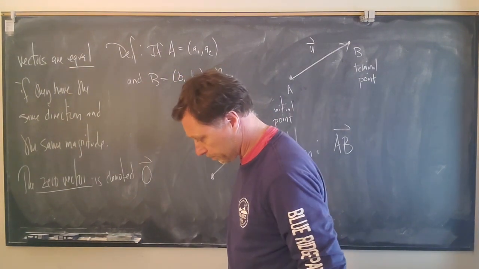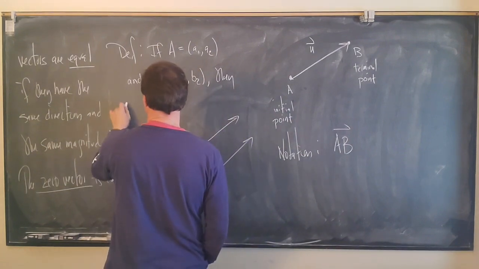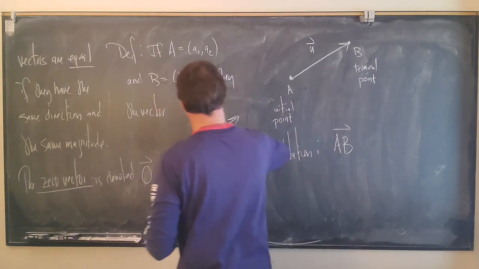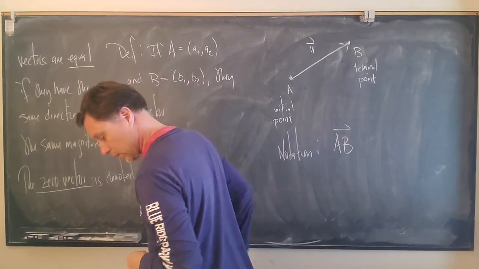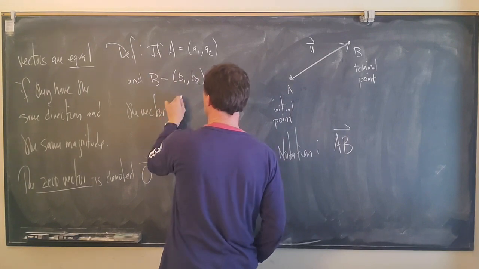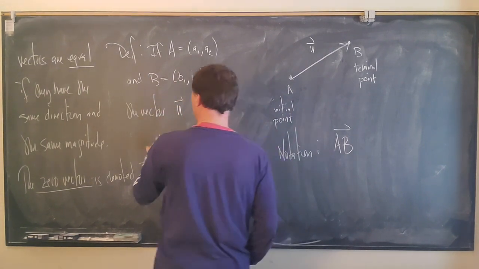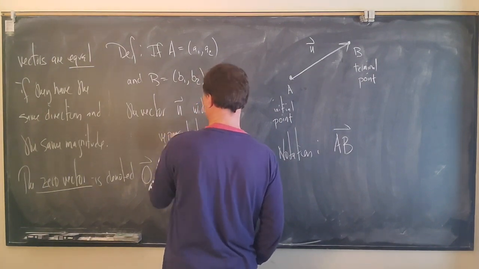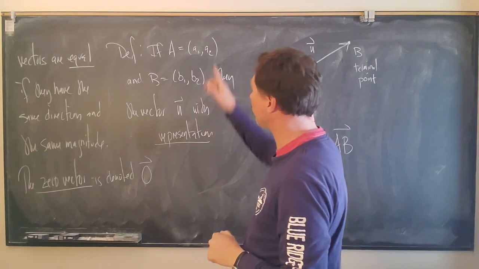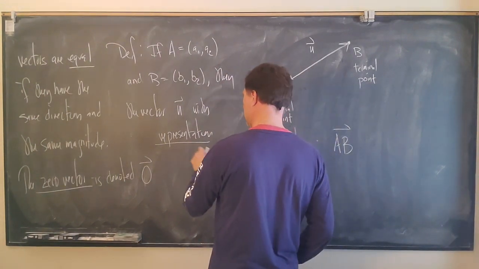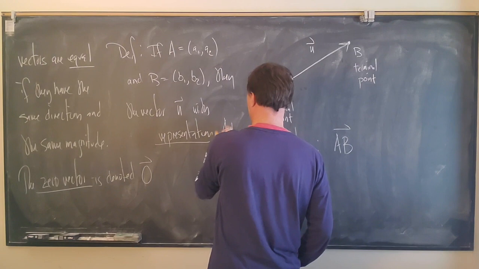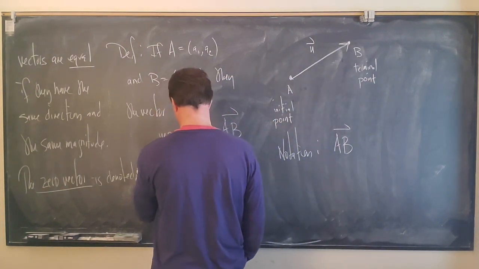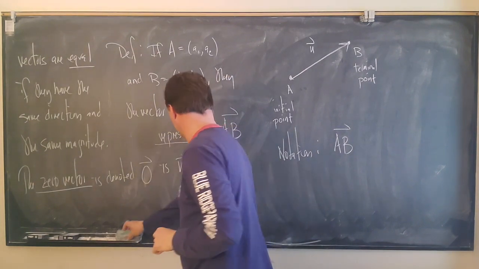Then the vector u with representation as the directed line segment from A to B, with representation AB, is written using angled brackets, not parentheses.